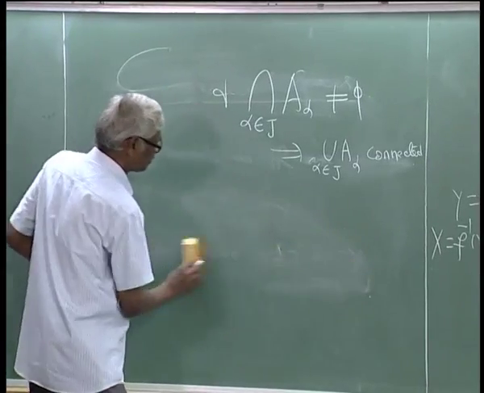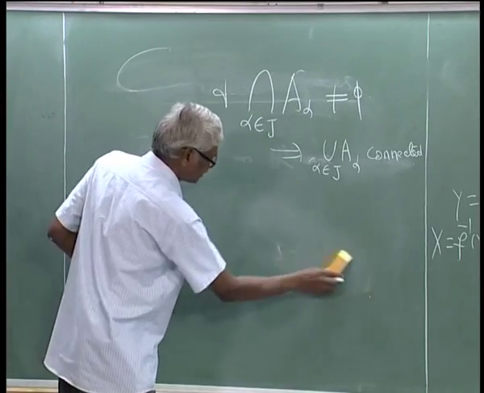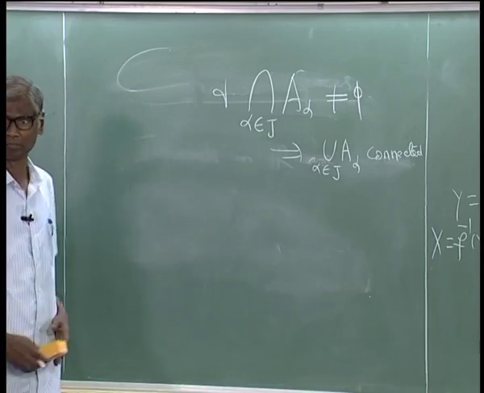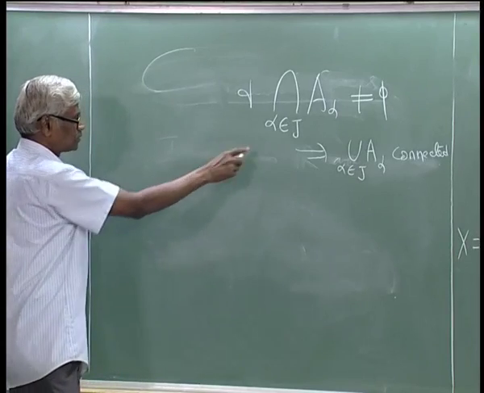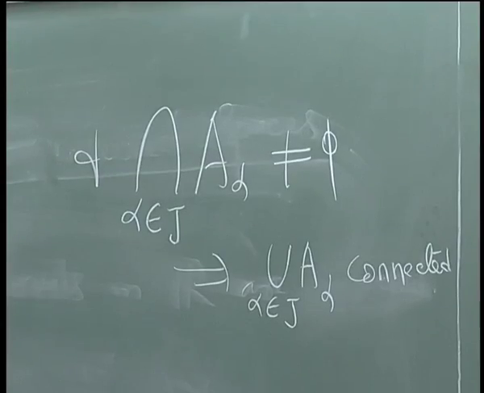In general, the union of connected subsets need not be connected, but if they have a common point, then the union will be connected.